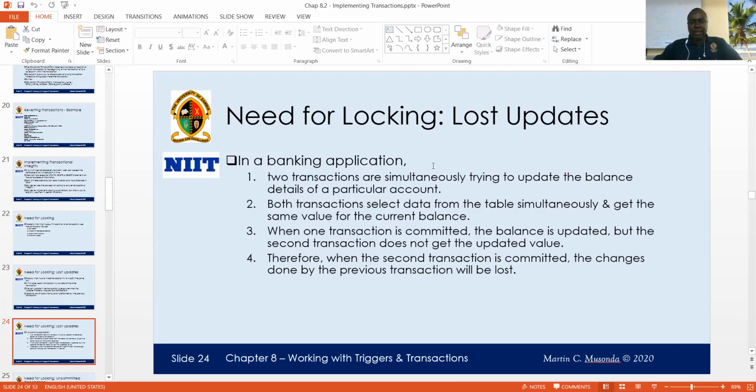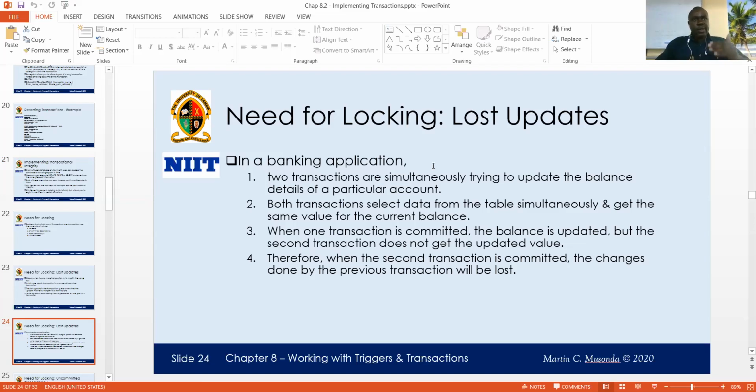Both transactions select data from the table simultaneously and get the same value for the current balance. So for example, if it's my account number 0123, then both transactions find that I only have 250 kwacha in my account.